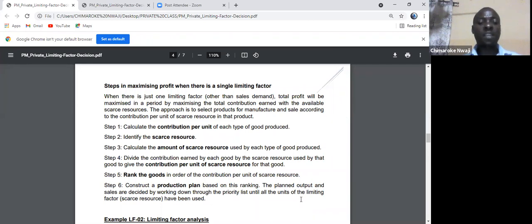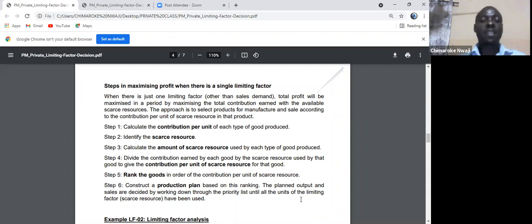identify the scarce resource. Now, did you see what we did in example 1, how we identified the scarce resource? Whenever the question did not tell you which resource is scarce, you have to look for it. When there is a shortage, it means that is scarce. All right.